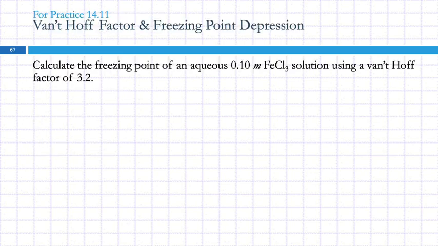Calculate the freezing point of an aqueous 0.1 molal iron chloride solution using a Van 't Hoff factor of 3.2. Ionic compounds are always going to separate into ions, and so they're going to have a bigger effect.